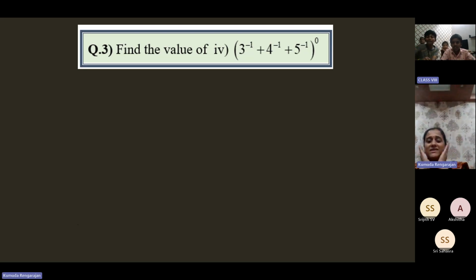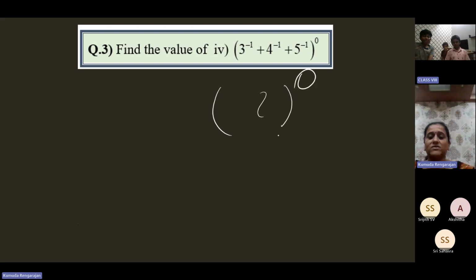Ma'am, answer 1, ma'am. The entire thing is raised to the power 0. So what's the answer? 1. We have to show the steps, but if it is an MCQ, you don't even have to work because anything to the power 0 is 1. Whatever answer you get here, it's finally raised to the power 0, so it's 1.